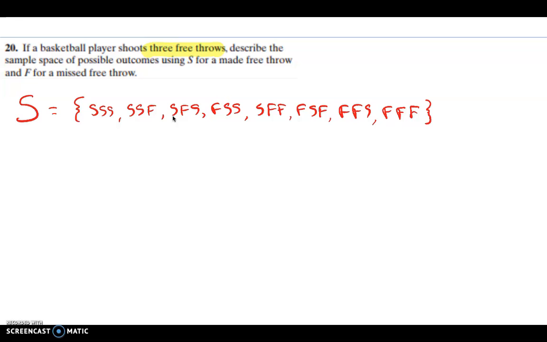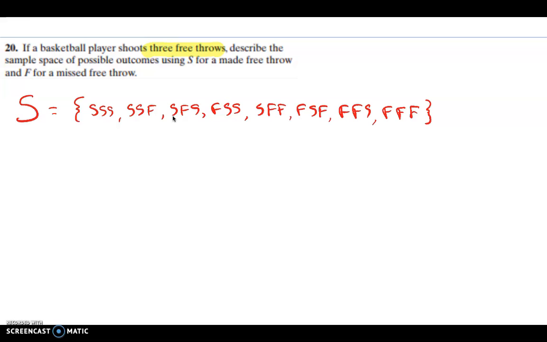And this would be what we call the sample space. So all of the possible outcomes using S as a success, meaning you made a free throw, and F for missed free throws. What we're going to do later on is you could say, what's the probability that they make 2 free throws?